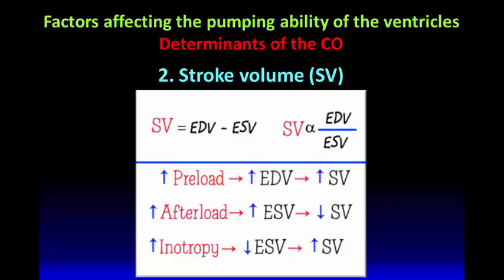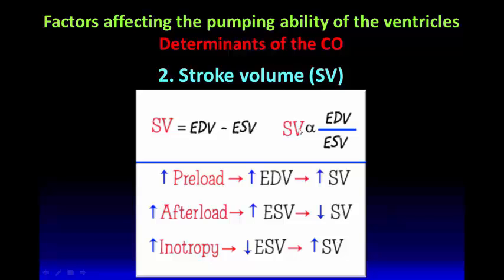And just a very quick overview of how these factors affect the stroke volume. Stroke volume, as you all know, is equivalent to the end diastolic volume minus the end systolic volume, because this is the volume which is ejected during ventricular systole, from the left ventricle into the aorta and from the right ventricle into the pulmonary trunk.